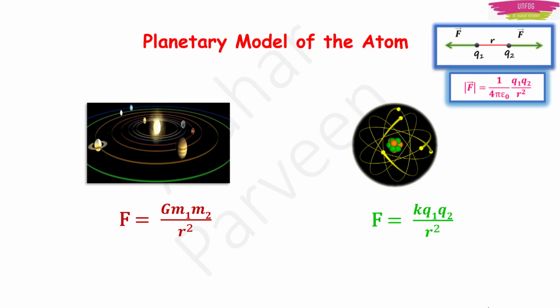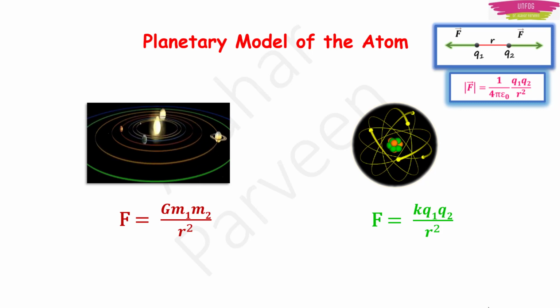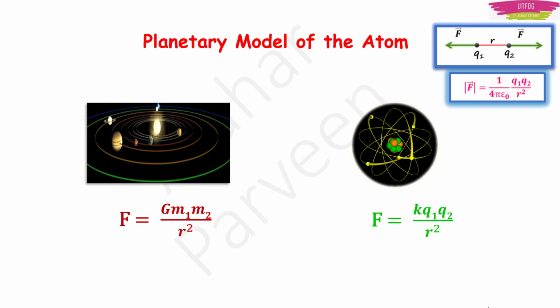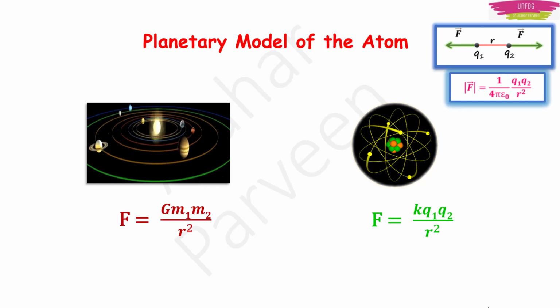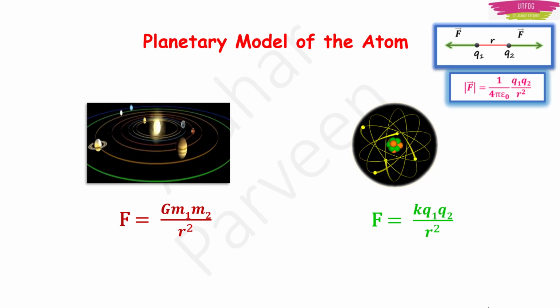This is also an inverse square law. This is also known as Coulomb's law, the Coulomb's force. Same thing as in the gravitational force is there here also. You have r square in the denominator, and in gravitational force, capital G is the constant. Here in electrostatic force, K is a constant.